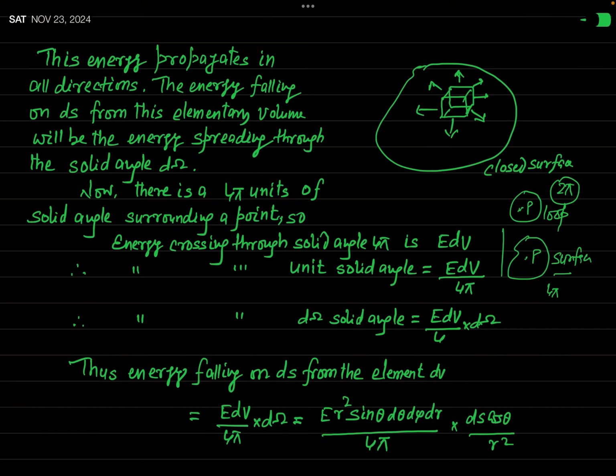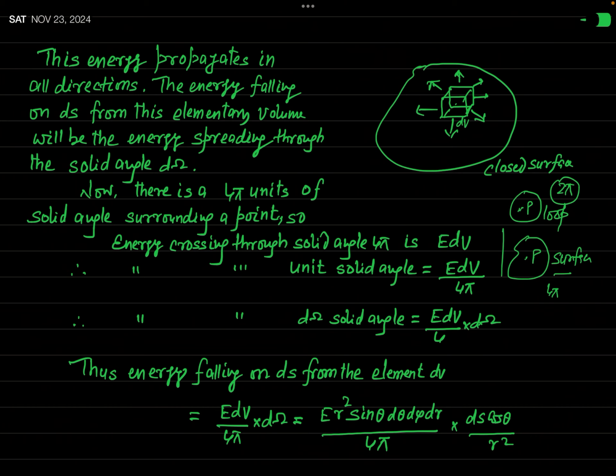So, if you treat this elementary volume dV just as a point source, and it is inside a closed room or closed hall, the energy will be emitted from this elementary volume almost in all directions.